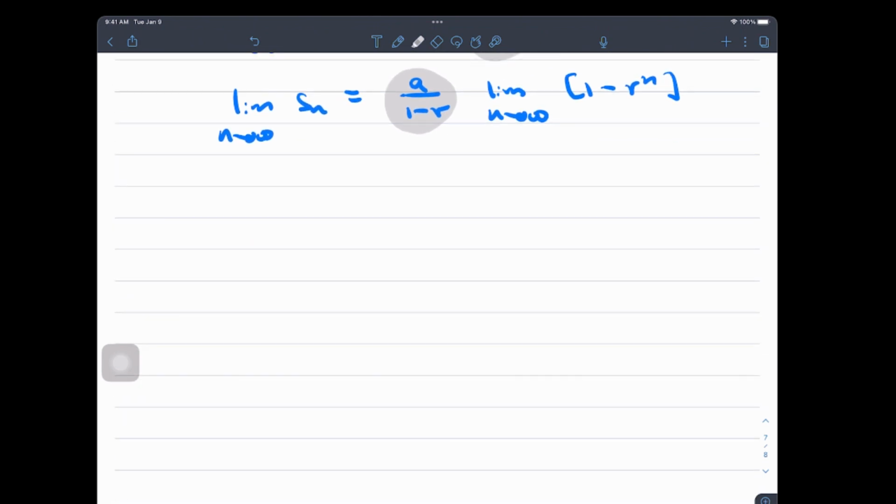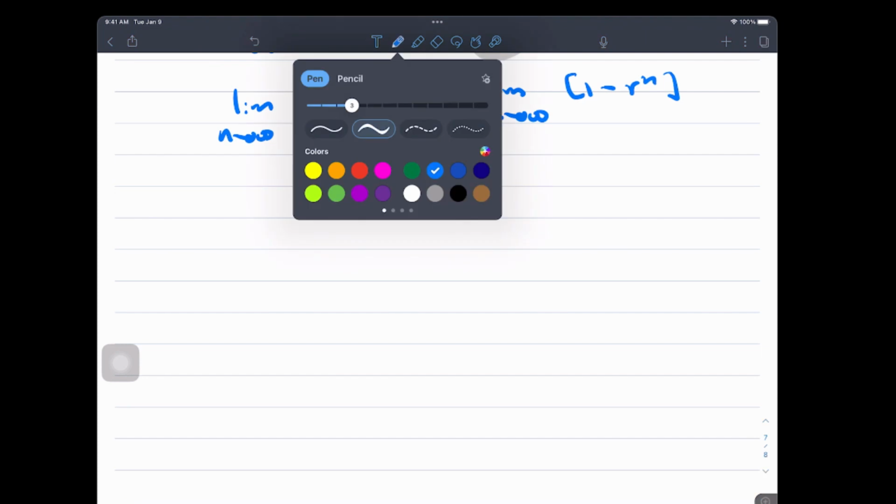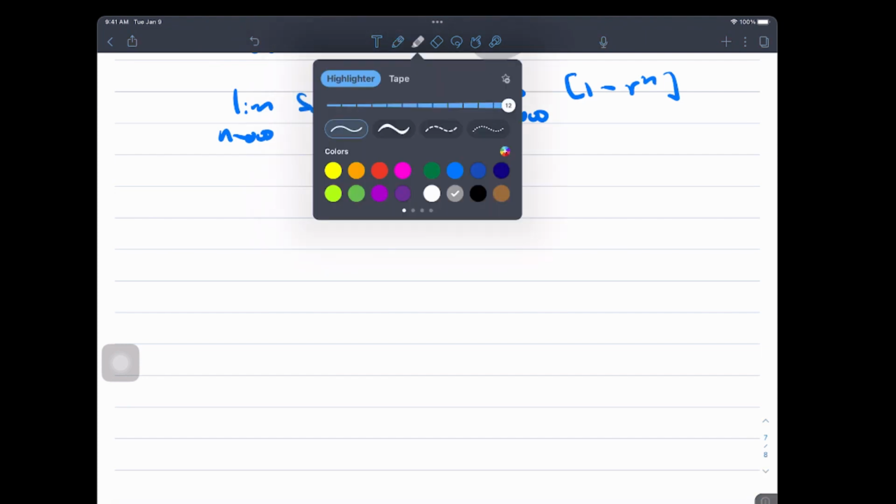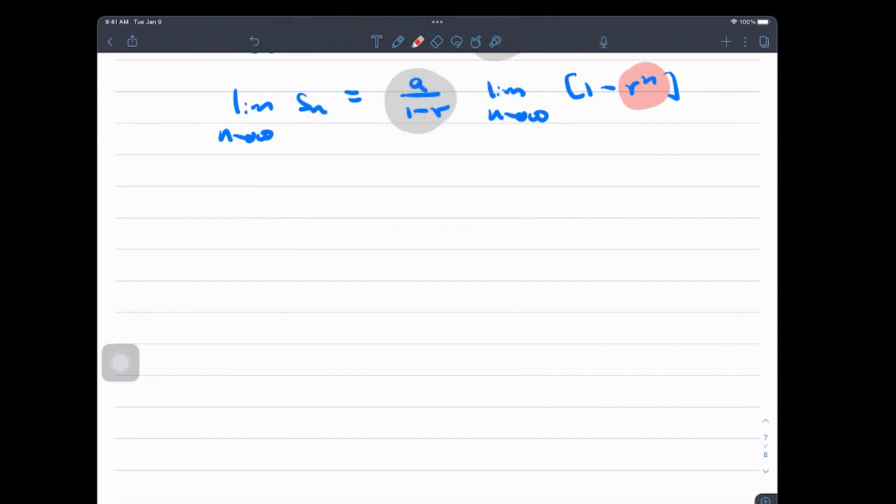Now, who remembers the other day? What did I say with you guys the other day here? Remember this? By properties of limits, what do you guys remember? We proved something like this here. R to the n goes to 0 when what happens? What do you guys know about R?